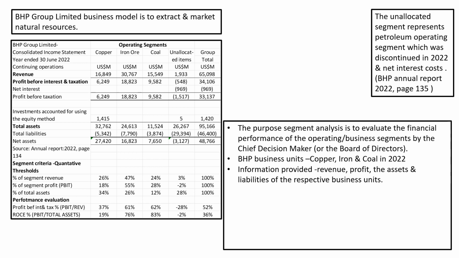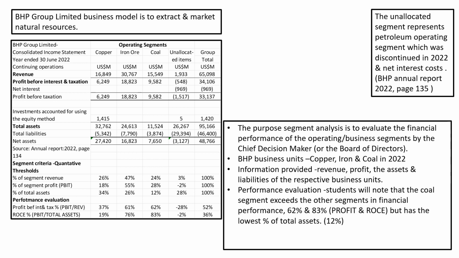What they have provided in the segmental analysis, for these various business units, is revenue, profit, assets and liabilities, and using this information, it will be possible to make some kind of financial performance evaluation.